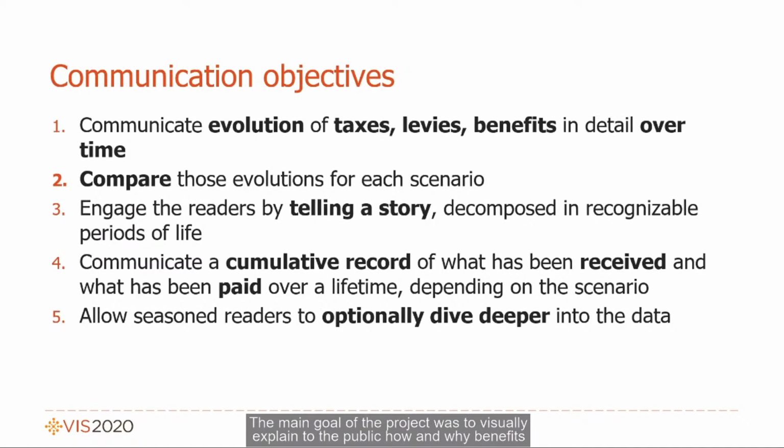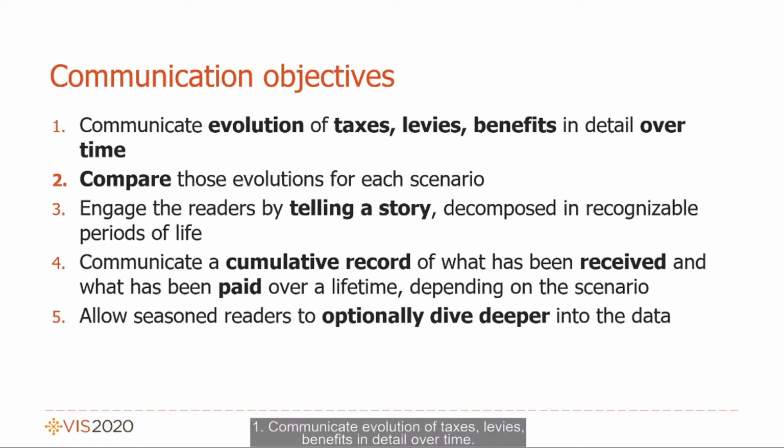The main goal of the project was to visually explain to the public how and why benefits and public spending change for each one of these scenarios. More specifically, the communication objectives are: communicate evolution of taxes, levies, and benefits in detail over time. We want to compare those evolutions for each scenario.